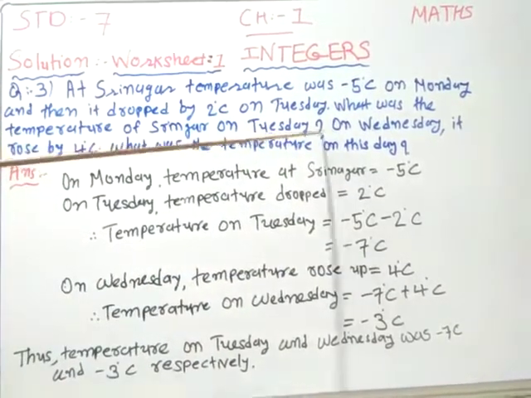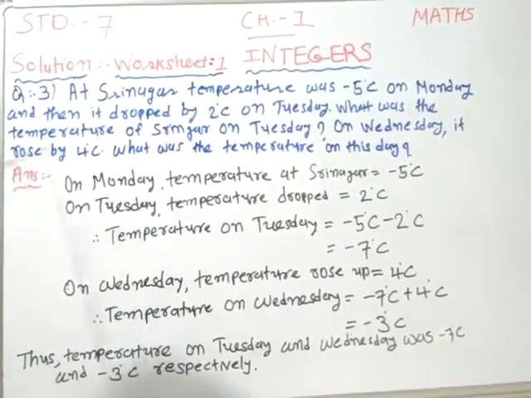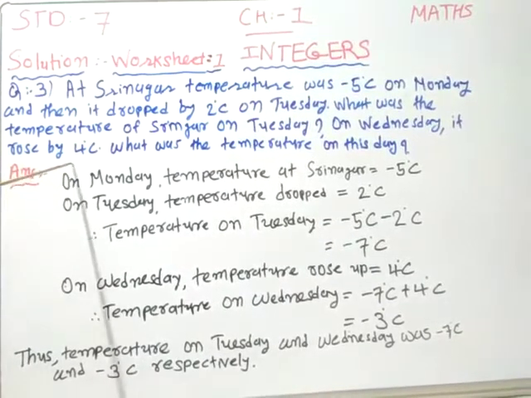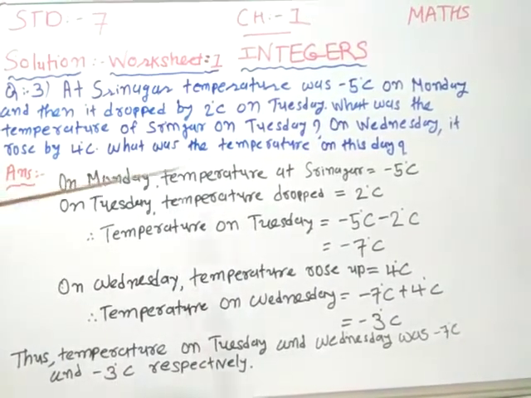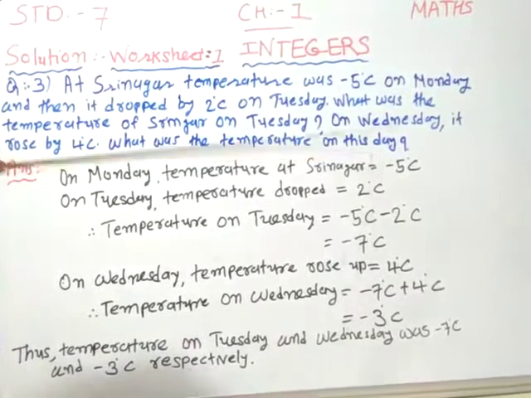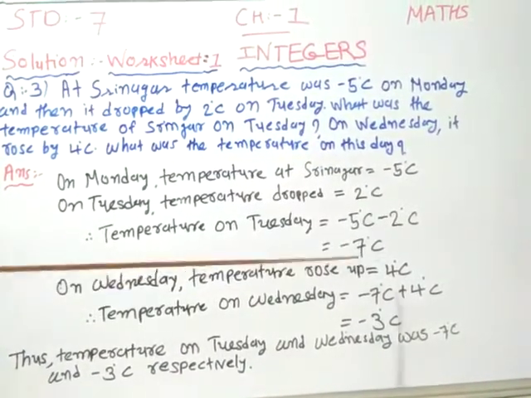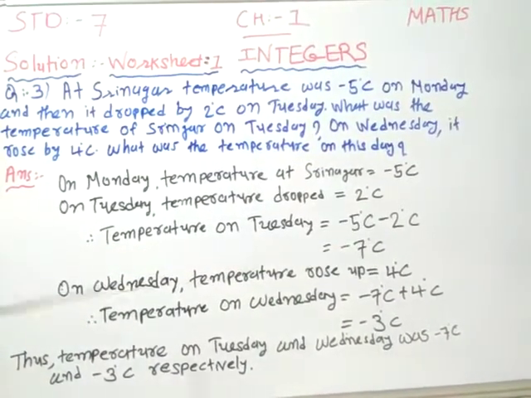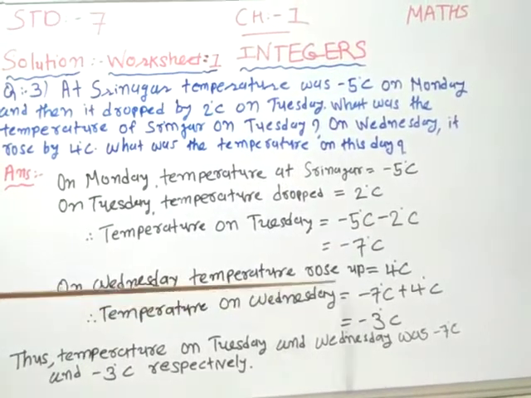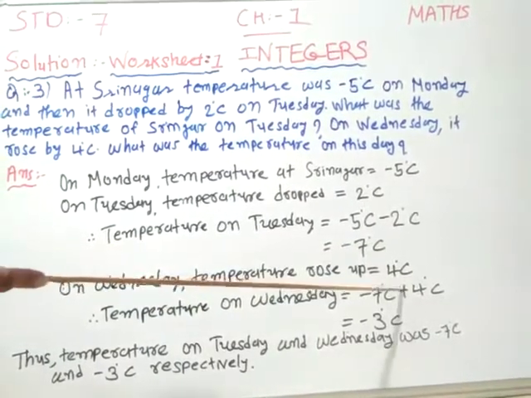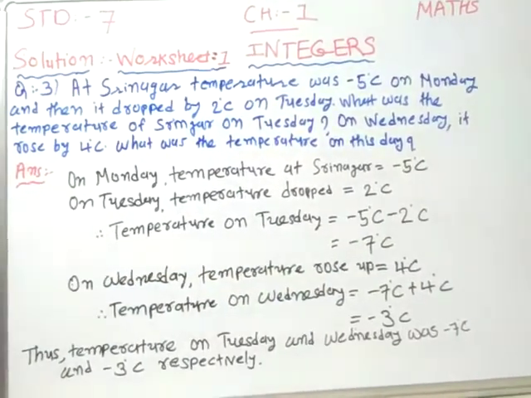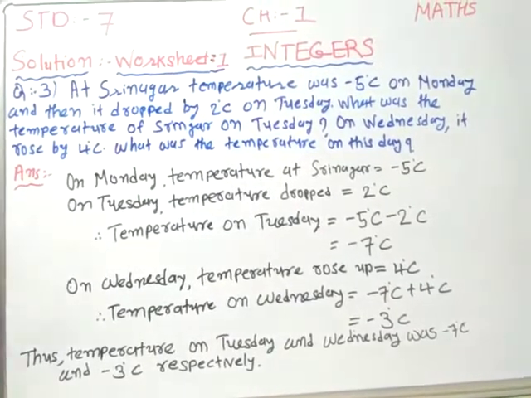Now on Wednesday, it rose by 4 degrees Celsius. Rose means it increases. So what was the temperature on this day? Now on Tuesday, the temperature was minus 7 degrees Celsius. On Wednesday, the temperature rose, which is equal to 4 degrees Celsius. So we have to do the addition because it's an increase.